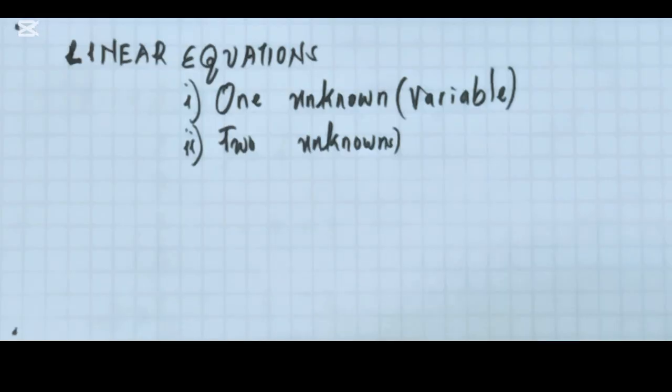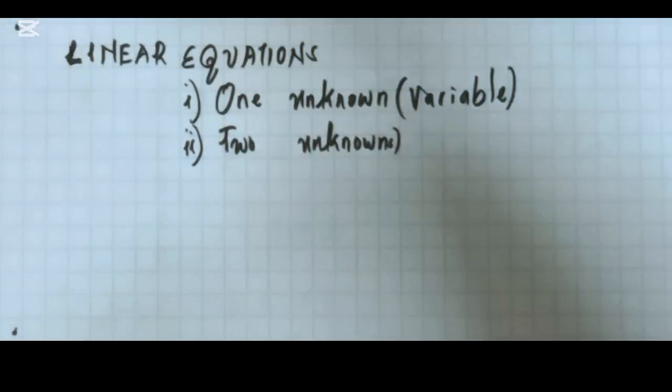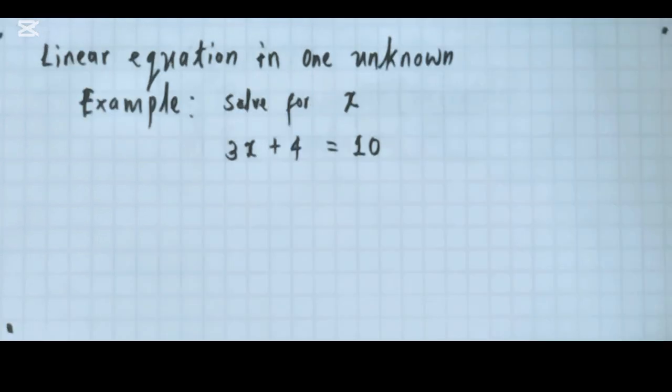So we'll look at linear equations expressed using one unknown, and then we'll move on to linear equations expressed using two unknowns. That will be it for the introduction. So why don't we go ahead and tackle linear equations involving one unknown.